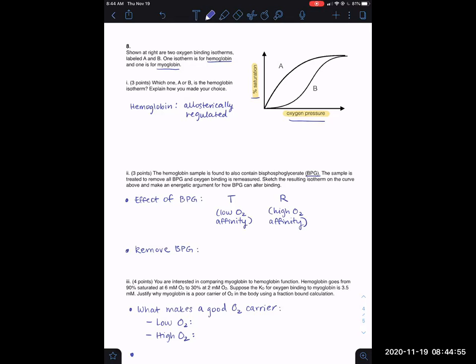And this would result in a sigmoidal or switch-like curve, where rather than a steady increase in binding, there is a switch-like change from low percent saturation to high percent saturation. So the hemoglobin binding isotherm is the one that has a sigmoidal or switch-like change in binding.